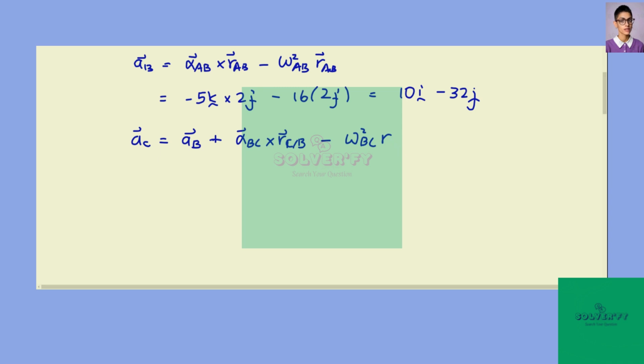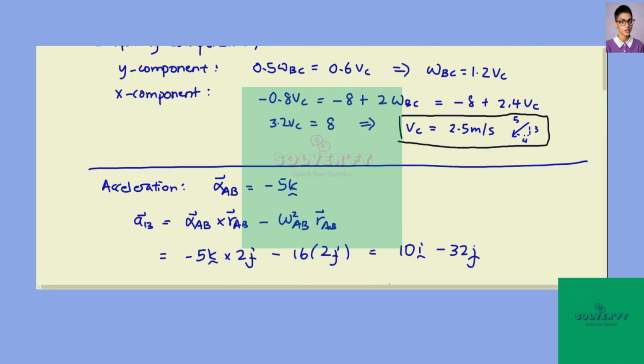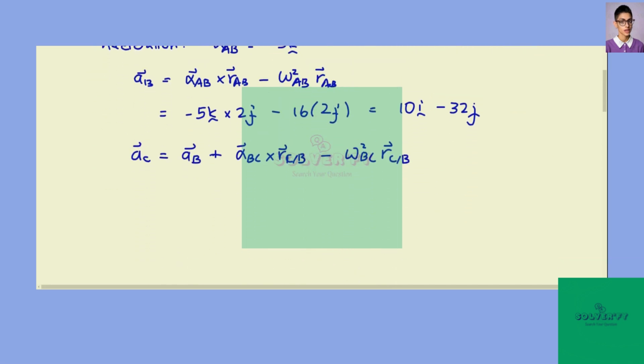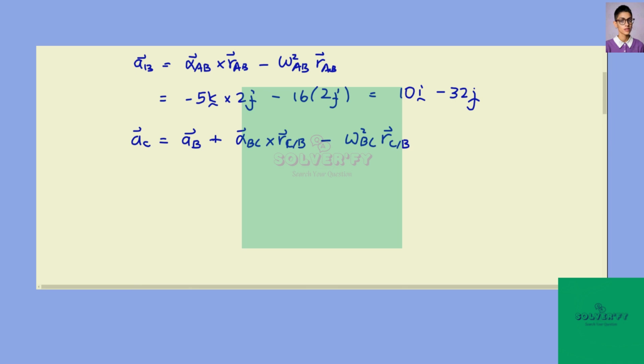There's one thing I forgot to do from the previous part, which is to determine our omega BC. Omega BC is 1.2 VC, which is 3 radians per second. So we are ready. For aC, assume the positive direction is along the slope upward.